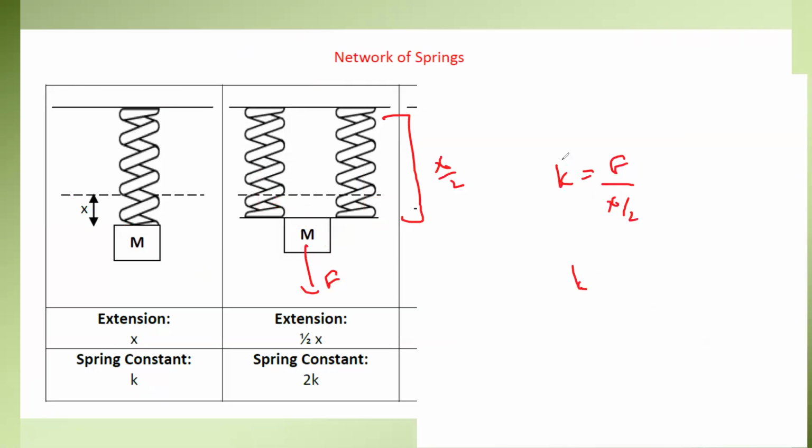When I simplify this, it will be 2F over X, and F over X is K. So I can say that this system will have twice the stiffness as compared to an individual spring. When the springs are connected side by side, the system becomes stiff, and it becomes hard to stretch.